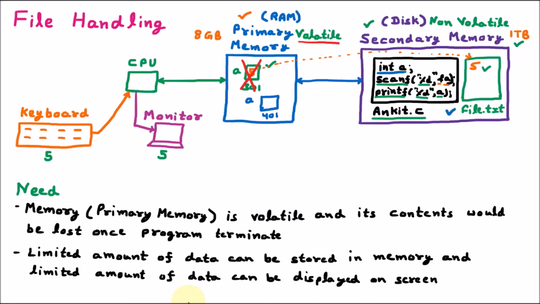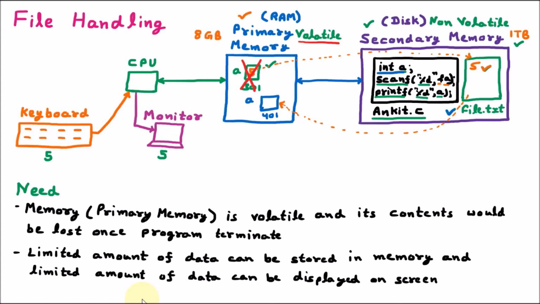Let's say here I am not using scanf directly. First of all, I am using some file handling functions, and with the help of that, I am using file.txt. I take the value from this file.txt and store it inside the variable a. So the value 5, we are now not taking from the user again.